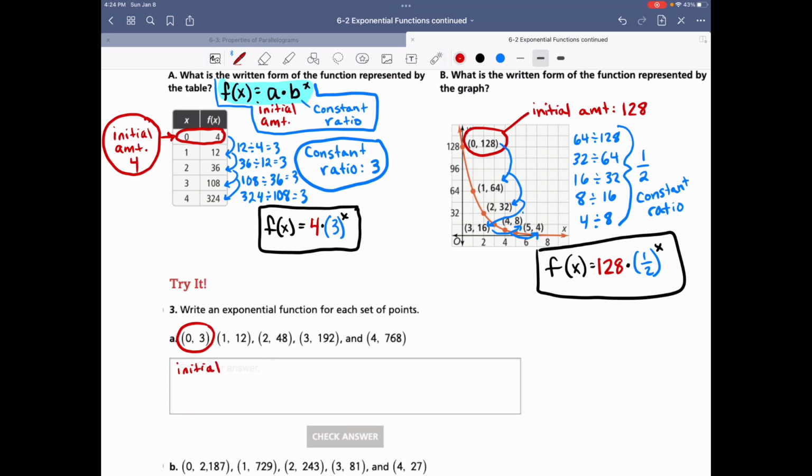The initial amount is 3, and the constant ratio, if we go backwards, 768 divided by 192, 192 divided by 48, 48 divided by 12, I know is 4, and 12 divided by 3 is 4, so the constant ratio is 4.